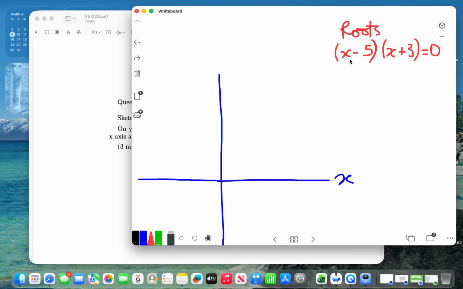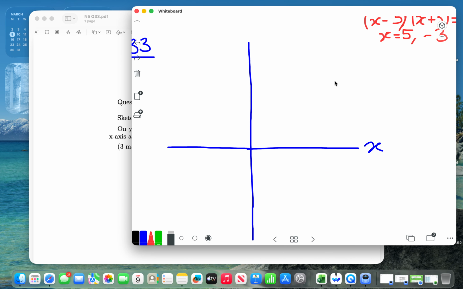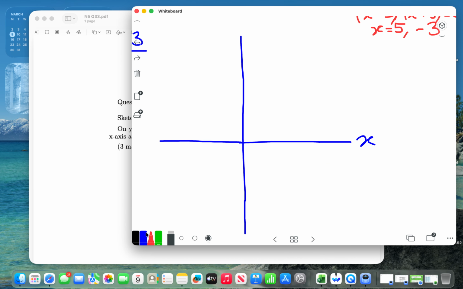So if x is 5 or minus 3, then that condition is satisfied and one of the brackets is 0. So x is 5 and minus 3.